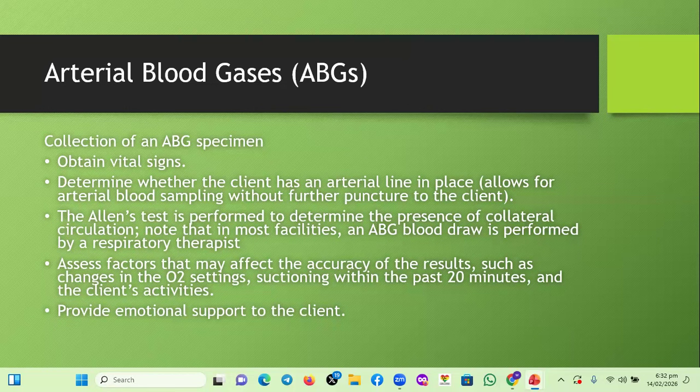So before you take the sample for your arterial blood gas analysis, you would have to assess whether the client has engaged in any activity that could cause a depletion in oxygen levels, like walking or any vigorous activity that can affect the saturation or oxygen level, or whether the client has undergone suctioning, which can affect oxygen level within the blood.